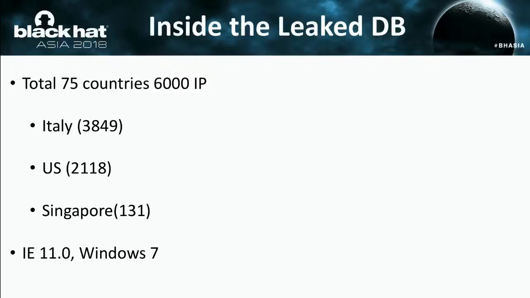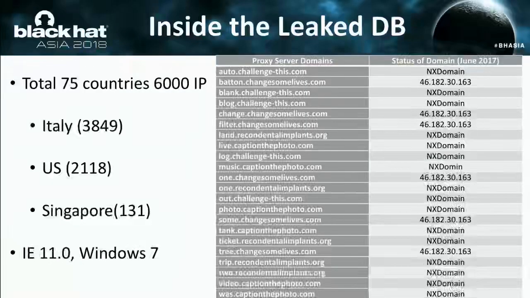And IE11 and Windows 7 are the top browser and operating system, highly exploited by using the RIG2 Exploit Kit. And here we have some of the data, and this is the actual proxy server domain. While we analyzed this attack infrastructure, we redeployed it in our environment.